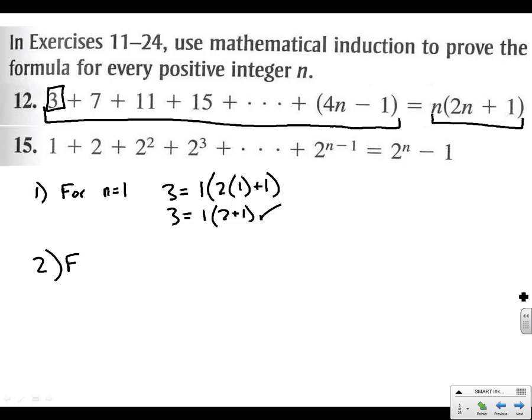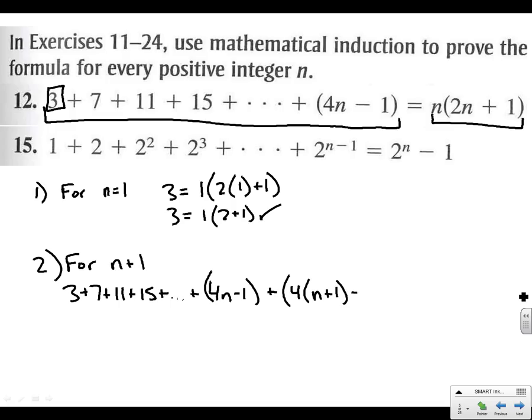Now we have to prove it for n plus 1, the next one in our list. All right? So we've got our original list. That original list on the left side is 3 plus 7 plus 11 plus 15 plus all the way up to 4n minus 1. Plus, we need one more term. 4 times n plus 1 minus 1.